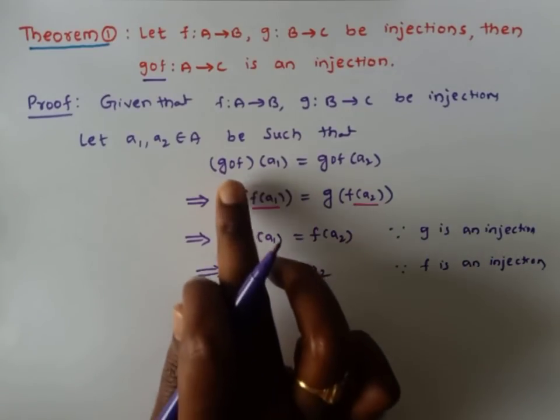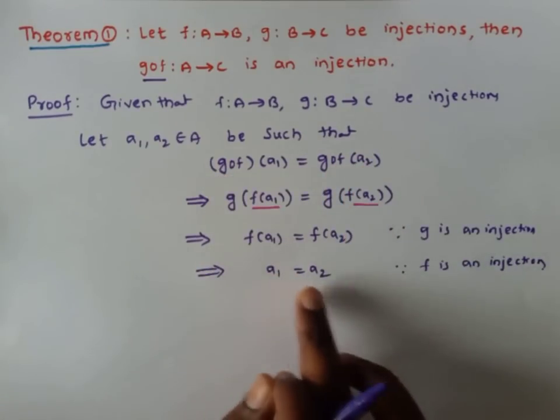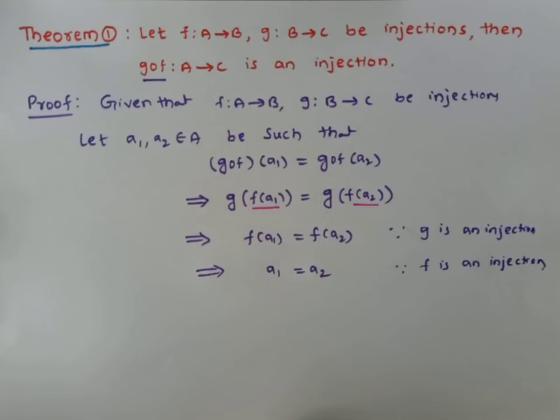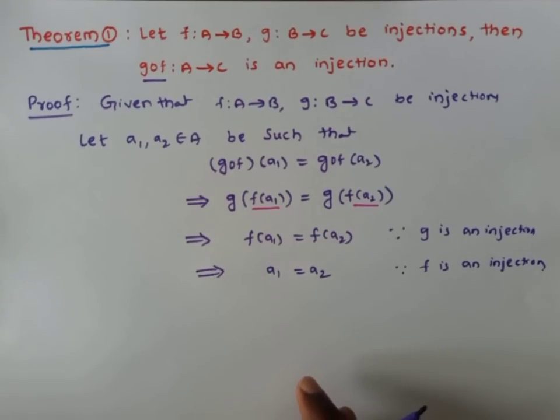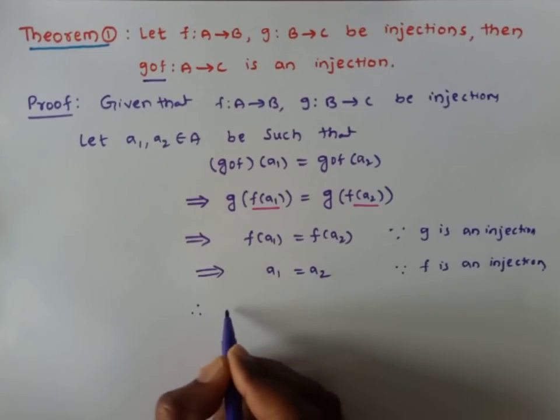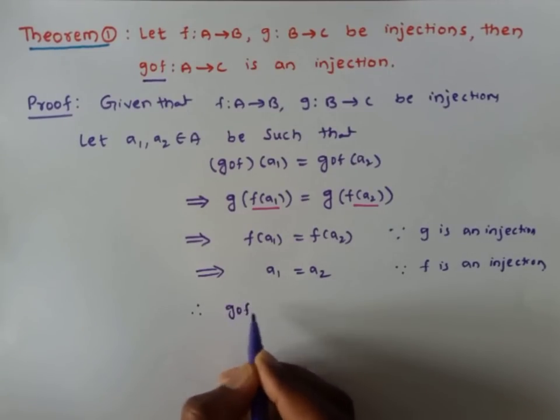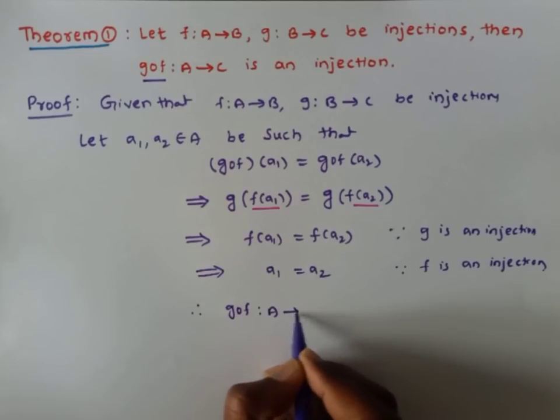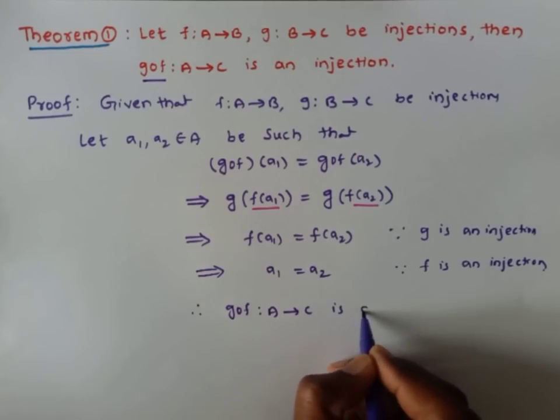So if two images are the same, then the elements are the same. Two images are the same if and only if the elements are the same. Therefore it is a one-one function. Therefore, the function g circle f from A to C is an injection.